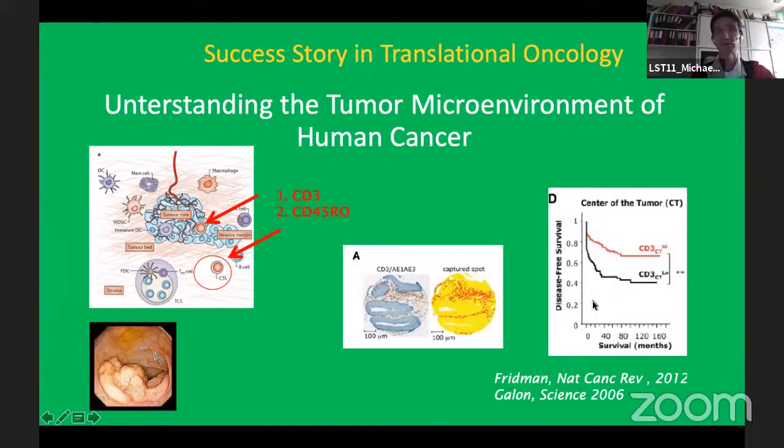Importantly, whether you have a lot of T cells, CD3 or CD45 cells, really changes your prognosis in human cancer. Jérôme made a score based on quantitative immunohistochemistry, and he was actually a bioinformatician.